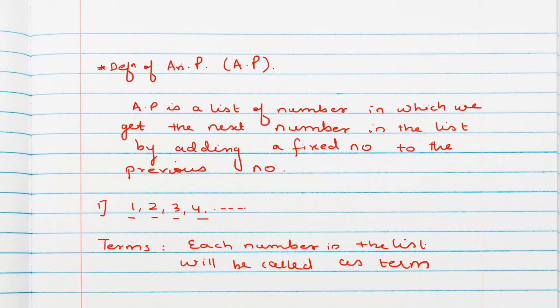So here, AP is a list of numbers in which we get the next number, or we can say the next term, by adding a fixed number. So here the fixed number is what? 1. Okay. This fixed number is called the common difference.